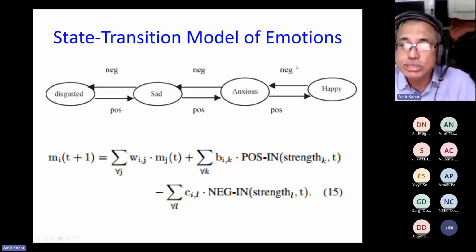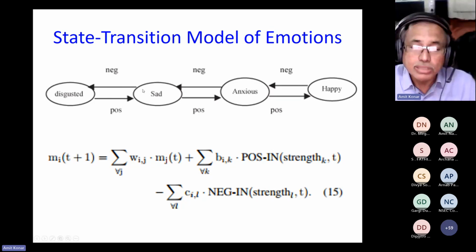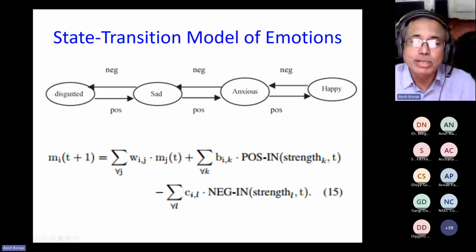These are negative instances. So whenever there is a negative instance at happiness, the person may be anxious. With more negative instances, the person may be sad. And again with more, whenever the person finds he or she is not responsible for this situation, then the person will be disgusted from sad.